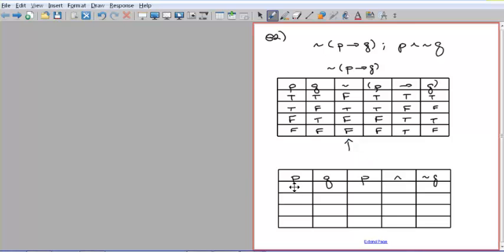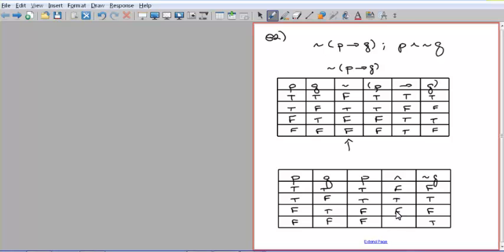Okay, then again, the first 2 columns are just the same pattern we had up here. We write down P, write down the negation of Q, so we switch those around. And then we have the and statement. The only time the and statement is true is if they're both true.